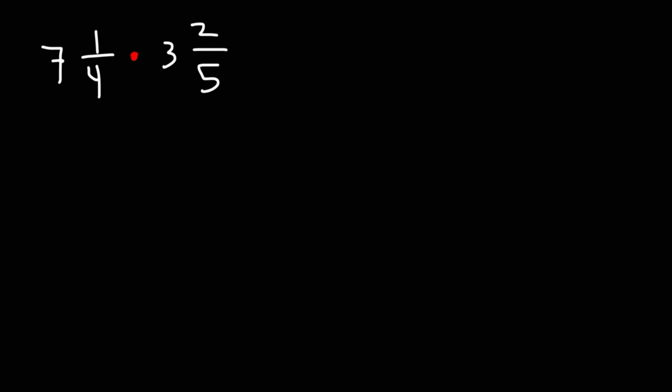What I recommend doing is converting each mixed number into an improper fraction. So for the first one, it's going to be 7 times 4, which is 28, plus 1, so that's 29 over 4. For the next one, we're going to keep the denominator the same, and then we're going to multiply these two numbers. 3 times 5 is 15, plus 2, so that gives us 17.